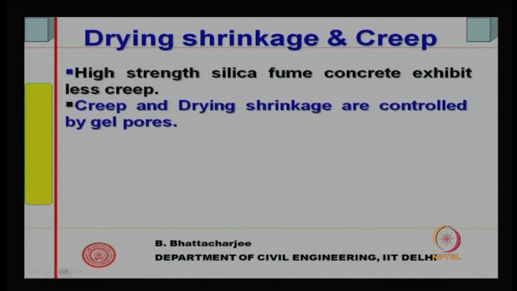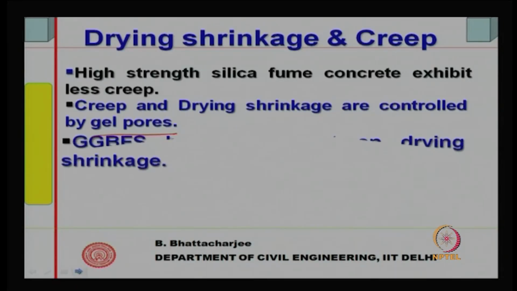Creep and drying shrinkage are controlled by gel pores; the gel pores are the ones which control the creep and drying shrinkage. Drying shrinkage occurs when water moves out from the capillary pores, and then a vapor pressure gradient will exist between the gel and the capillary pores.